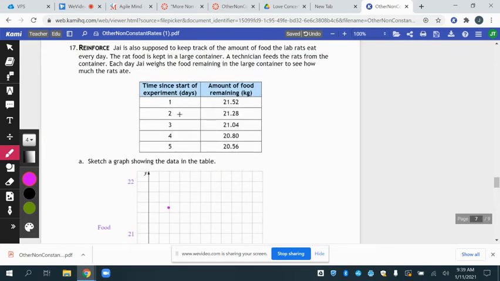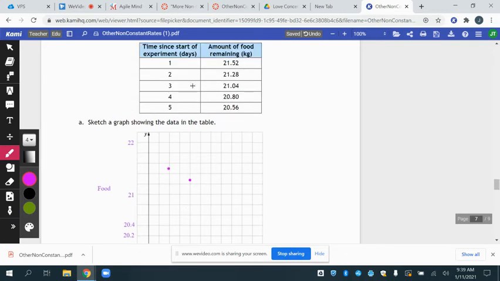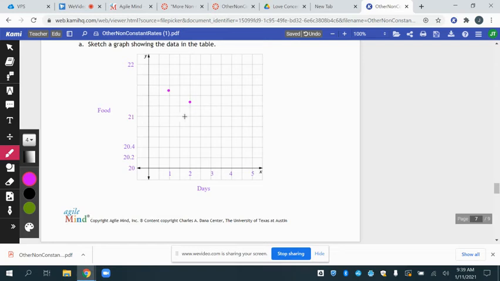Now for number 2, that's 21.28. Then 3 goes with 21.04. That's not even halfway up to 21.2.